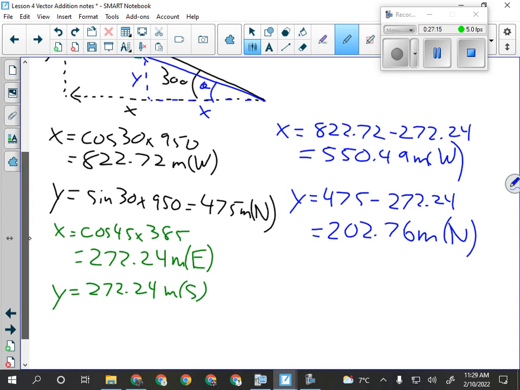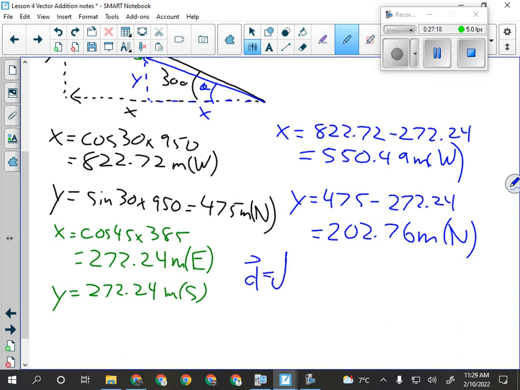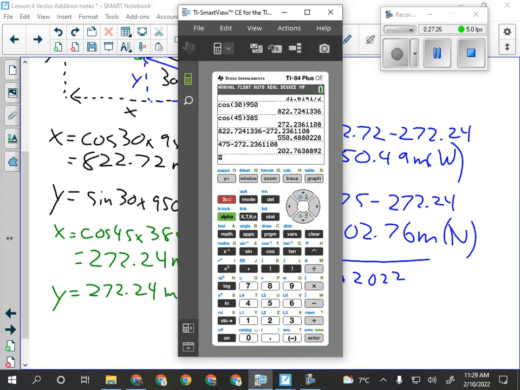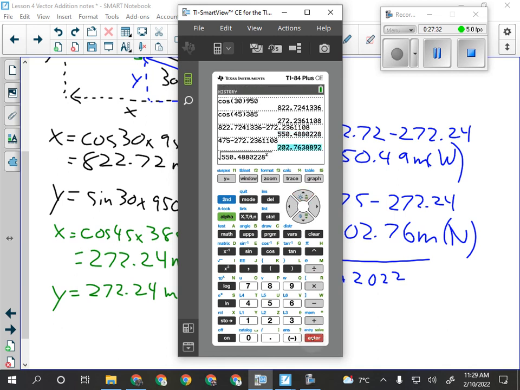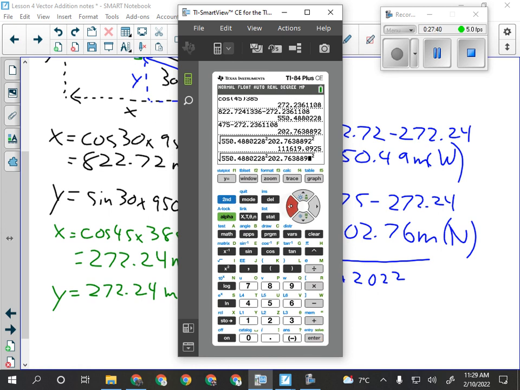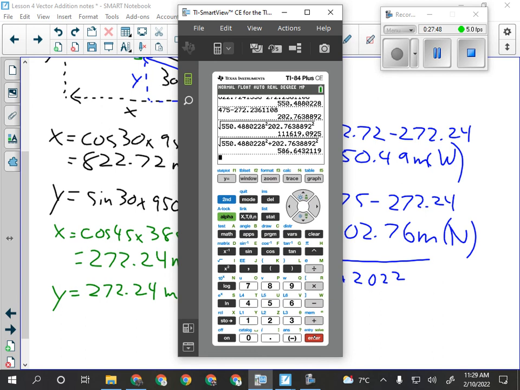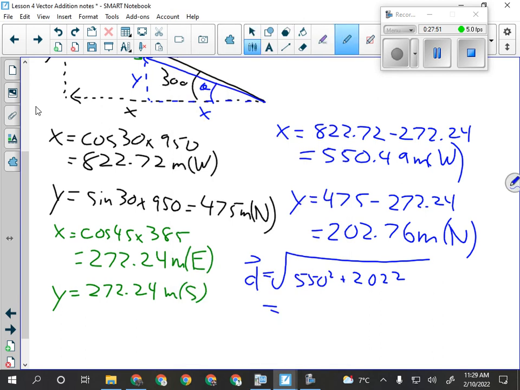And now I can calculate my overall displacement, Pythagorean theorem, like we always do. So 550 squared plus 202 squared gives me a magnitude of 586.64 meters.